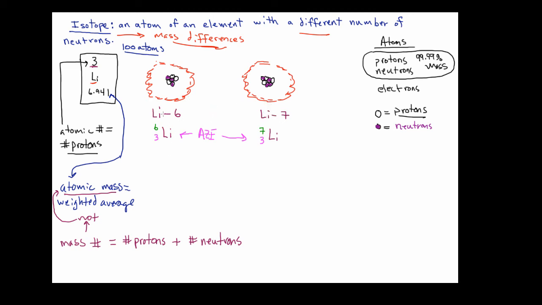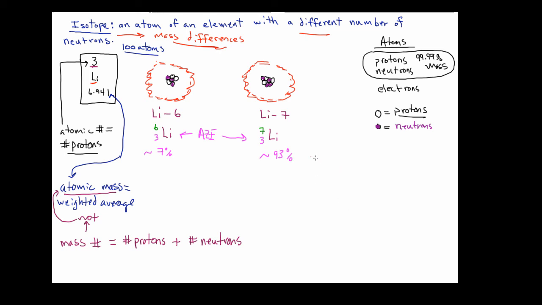Now, out of the 100 atoms, lithium-6 and lithium-7 are not present in the same amounts. All right? For lithium-6, and I've rounded these numbers in order to make this presentation simplistic, this represents about 7% of the sample. And for lithium-7, this represents about 93%.